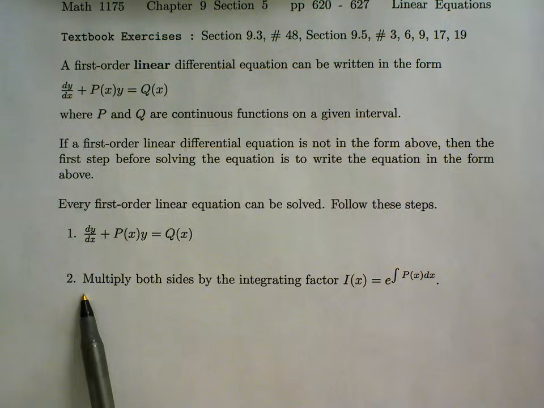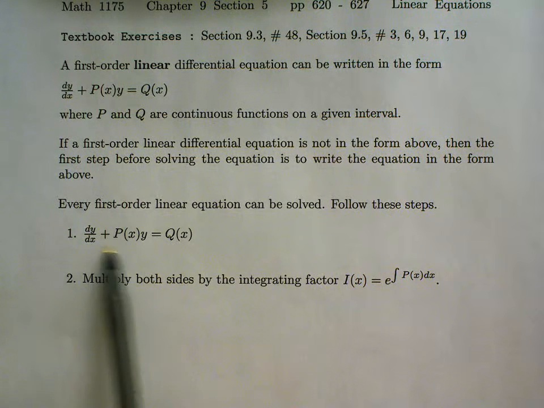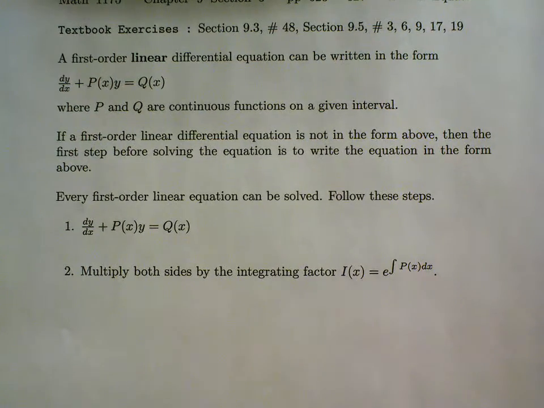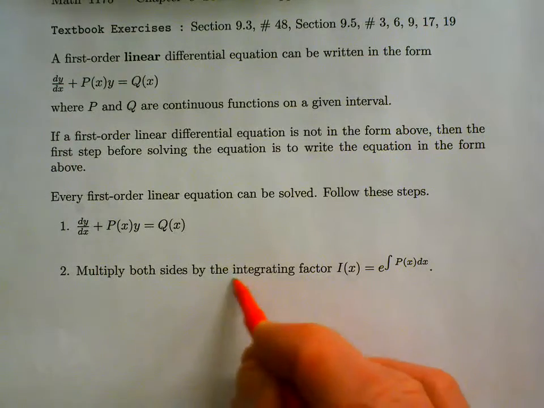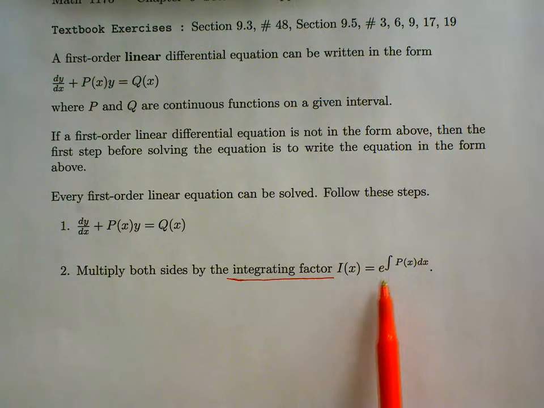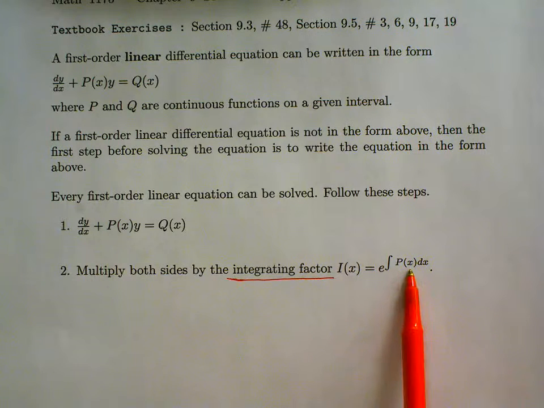So in step two, we multiply every term on both sides of the equation in step one by the integrating factor. So the integrating factor is found by raising the number e to the integral of p of x.